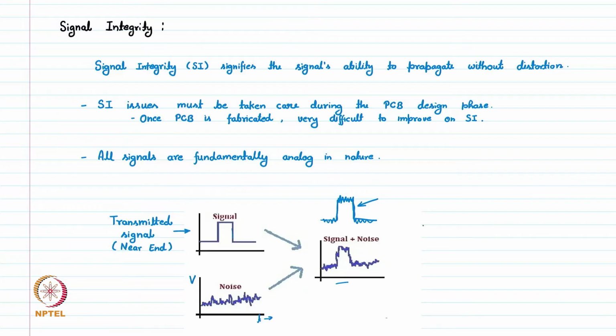So this is the received signal, or the far end signal. This is one possible cause of degradation, where the noise is coupled to the signal.